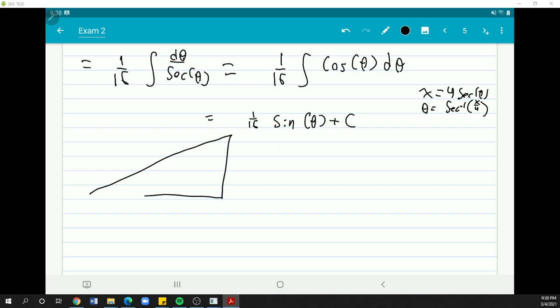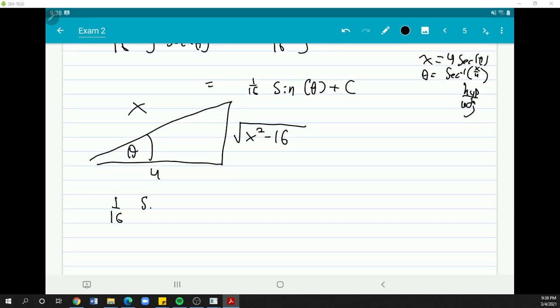So drawing our triangle, we get opposite, well, secant is, let's be careful, secant is hypotenuse over adjacent because it's 1 over cosine. So the hypotenuse is x, the adjacent is 4, so that means this side must be square root of x squared minus 16. Doing great so far.